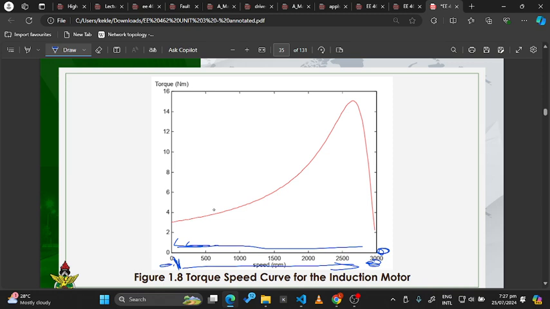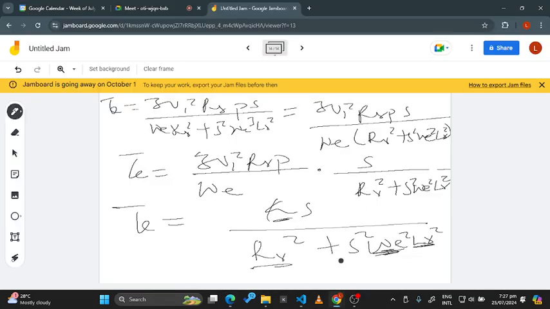Then you can see a certain characteristic over here: when the torque is very low, the slip is very low, and the torque speed characteristic is linear, kind of a straight line. What is that telling us mathematically? In the denominator here we have the square of the slip, and here we just have the slip.